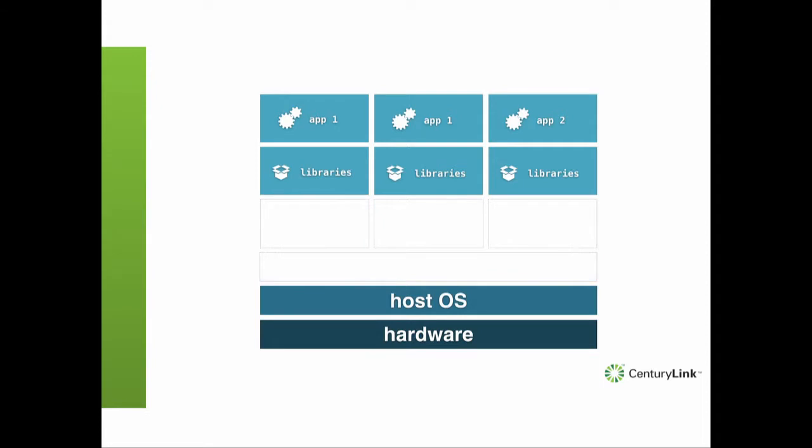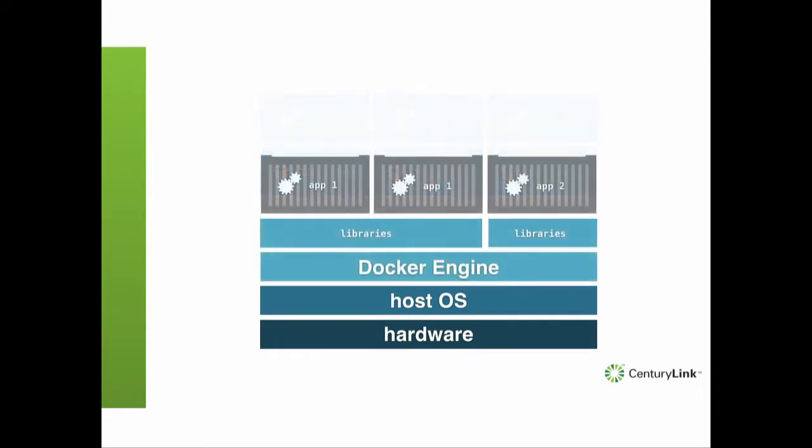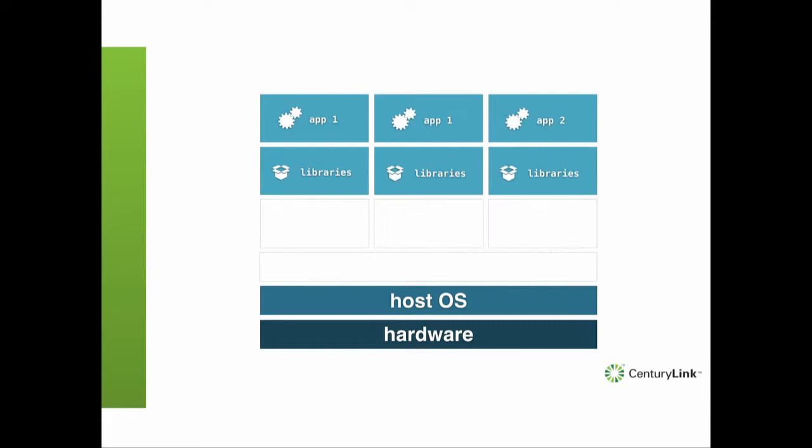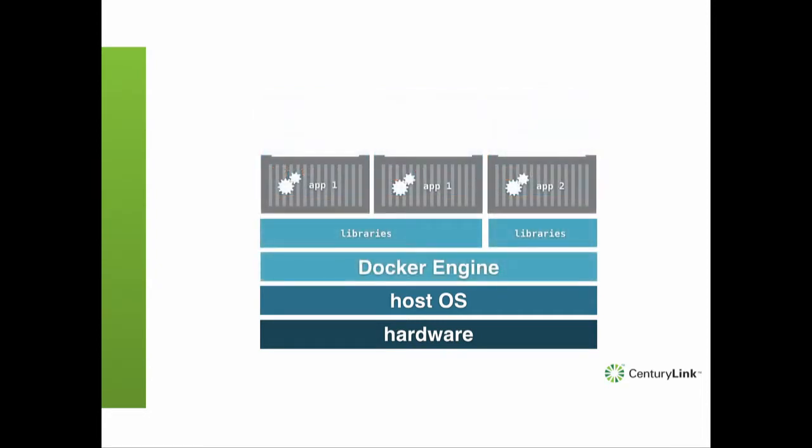In the Docker world, though, we can get rid of the hypervisor and the guest OS because there's really no need for them. Instead, these are replaced by the Docker engine. And the Docker engine basically is able to rely on the host OS for all of its operating system functionality. Because with Docker, when you build your container, you're essentially layering on each of the services that container will use underneath it.